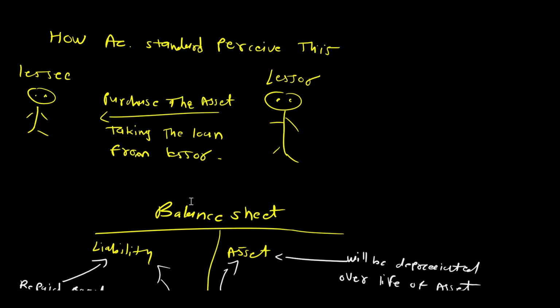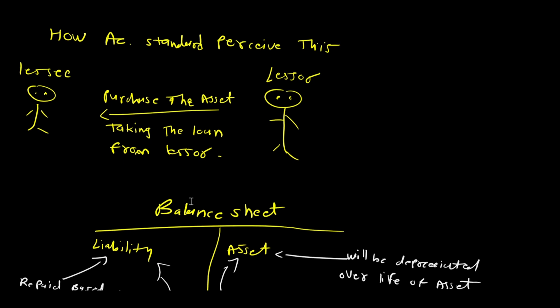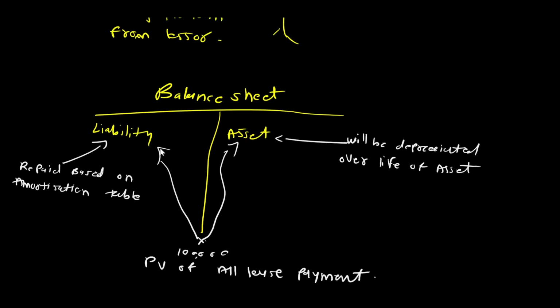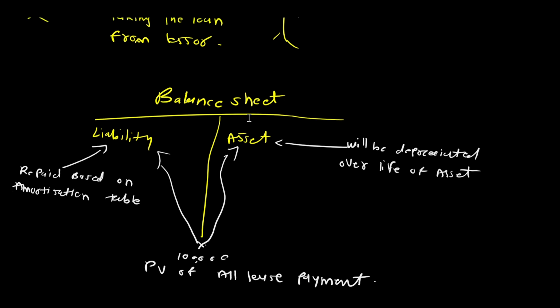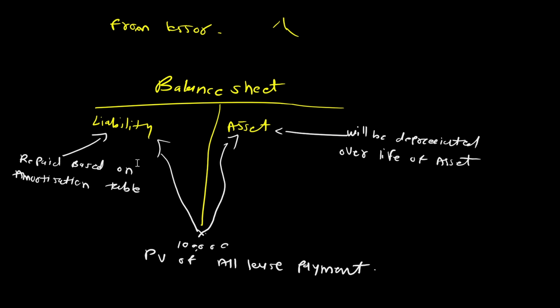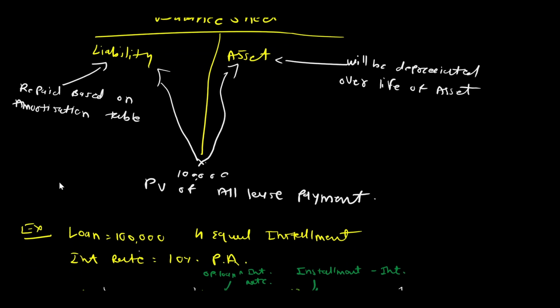So how it would be reflected in the balance sheet is you need to create the liability and the asset both for your lease asset. Asset and liability would be the present value of all lease payments, for example 1 lakh rupees in the above example. The asset would be depreciated over the life of the asset, and the liability is also repaid based on the amortization table.